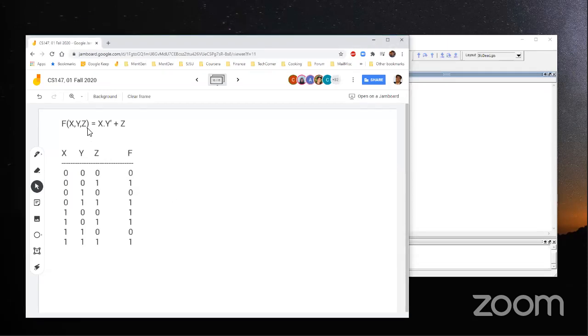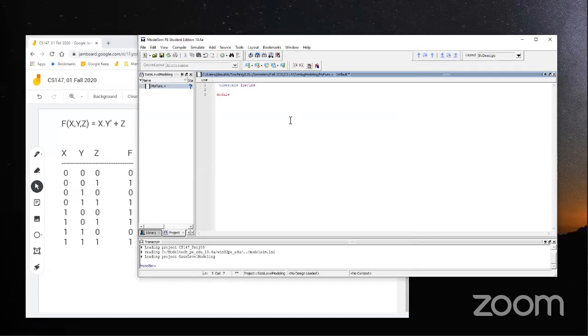Okay, this is the function I want to implement. Let's call it myfunc, with X, Y, Z, and module.